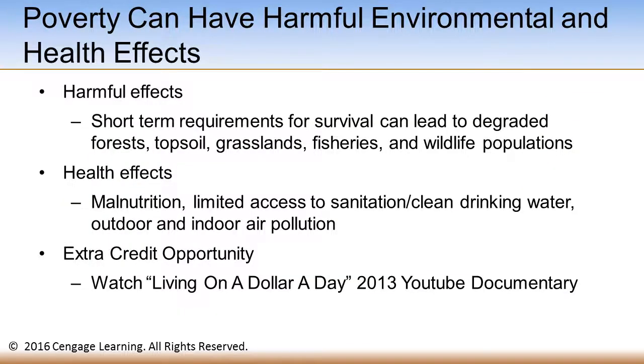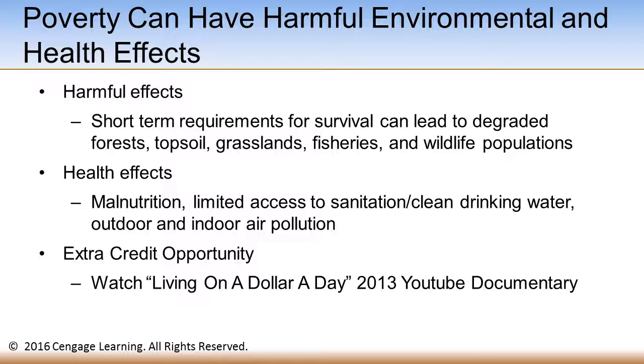Another root cause of environmental problems is poverty. Poverty can have harmful effects to the environment and result in degraded forests, over-farmed topsoil or incorrectly farmed topsoil, impact to fisheries as well as wildlife populations. People that live in poverty are not concerned about long-term environmental sustainability.